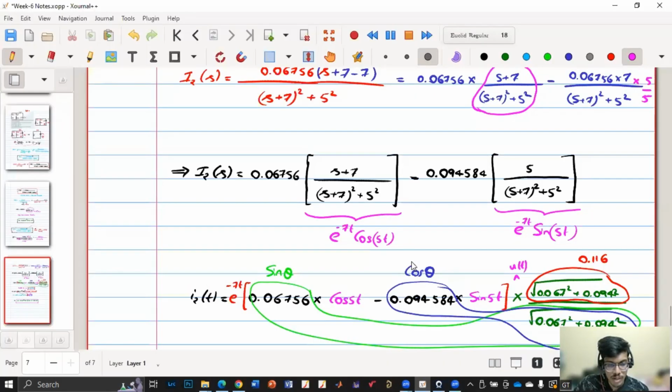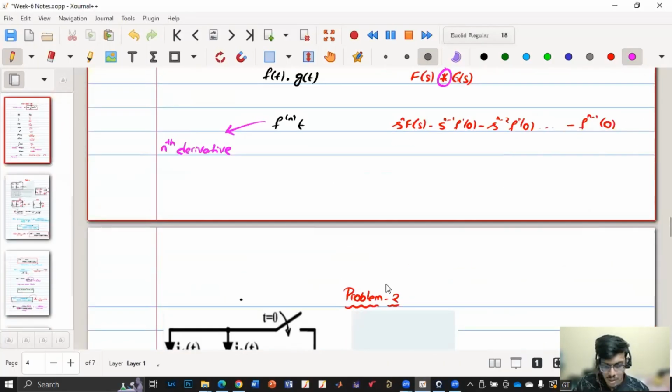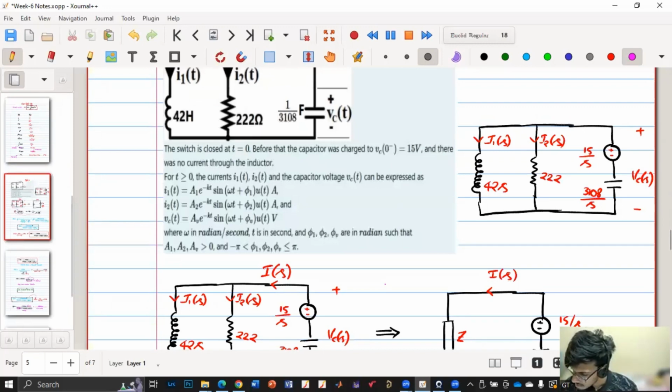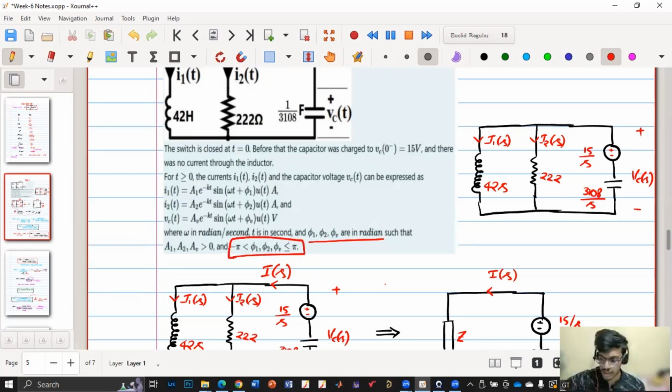So if we go back, these are the things where you might be making mistakes. One thing is these are radians, and another thing is they should be from minus pi to pi, because any theta is equivalent to 2 pi plus theta, or 2 pi minus theta. So there are n number of solutions, right? So phi 1, phi 2, phi v or phi e, whatever they're saying, they should be within this minus pi to pi range, and also they should be in radians.